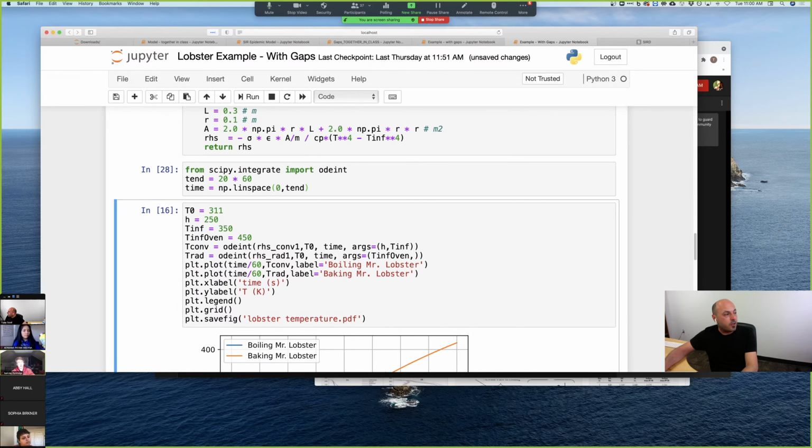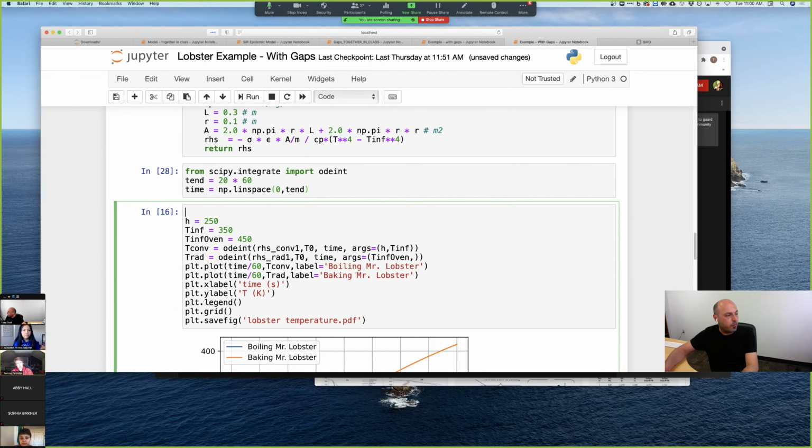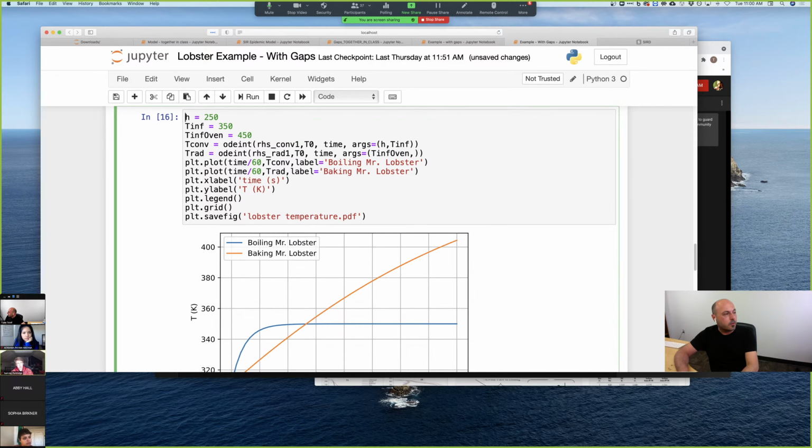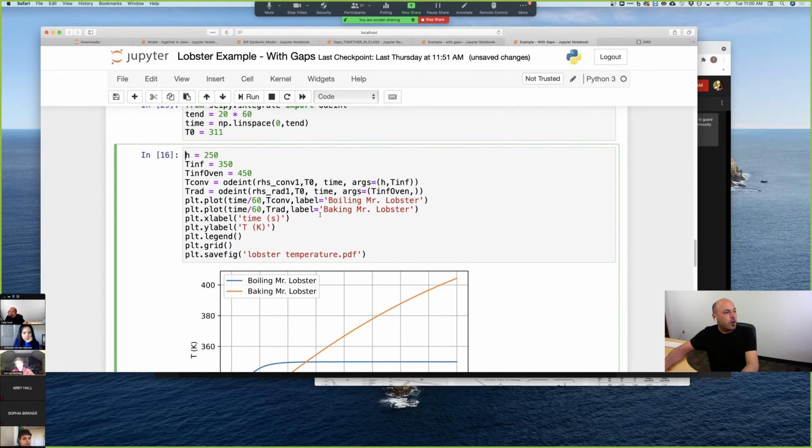And I think in your problem you have a T0 in your notebook. Now notice what happens here: I'm declaring H, T infinity for the fluid, and T infinity for the oven.